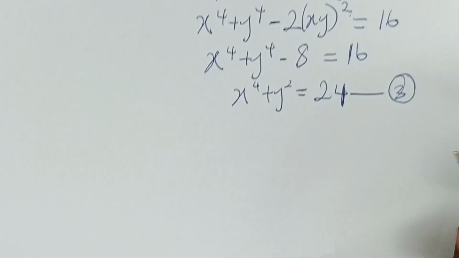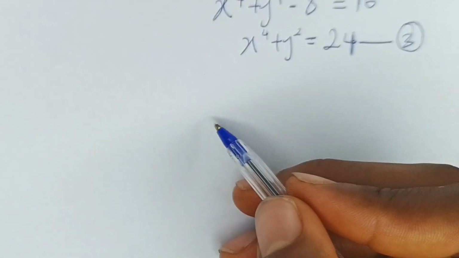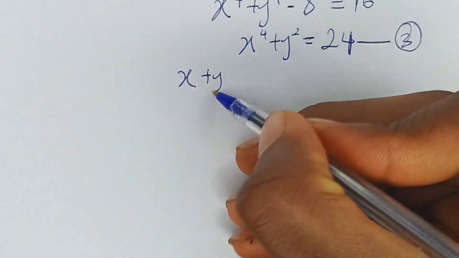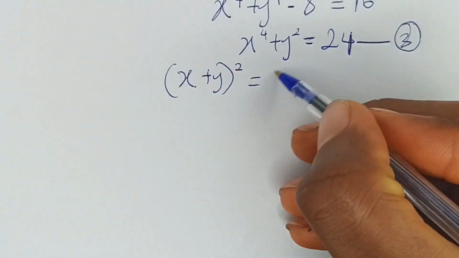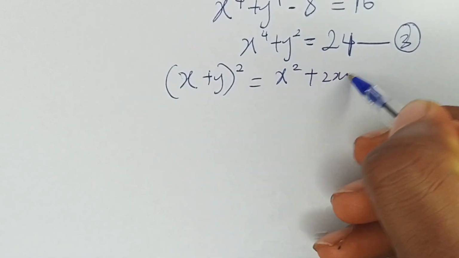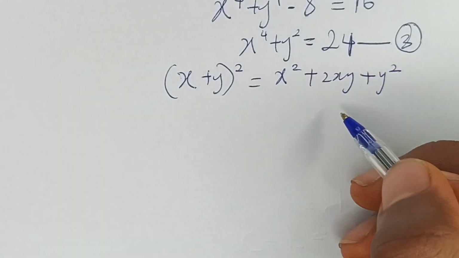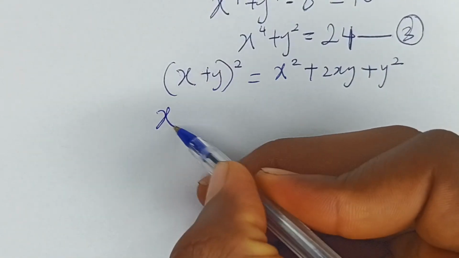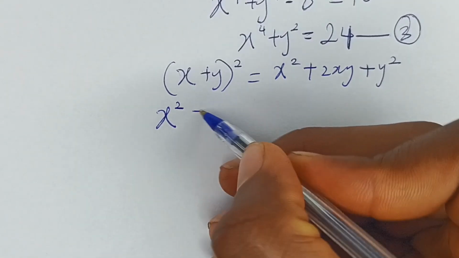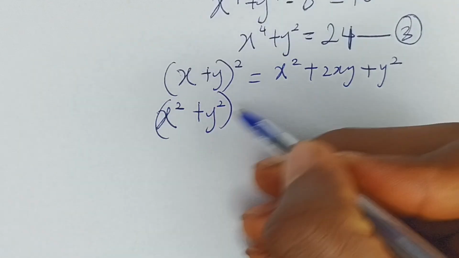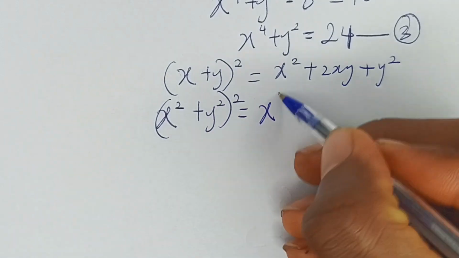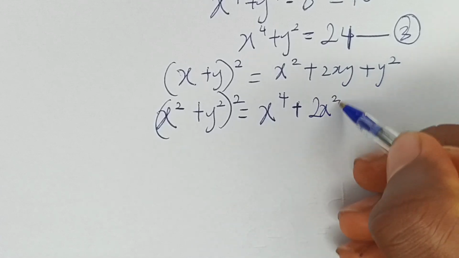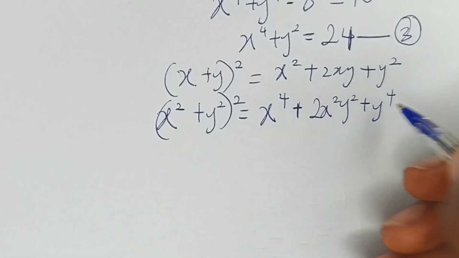Alright, beautiful. Now moving on from here, if we have x plus y all squared, we know it's equal to x squared plus 2xy plus y squared. Similarly, when we have x raised to the power 2 plus y raised to the power 2, all raised to the power 2, it is equal to x raised to the power 4 plus 2x squared y squared plus y raised to the power 4.